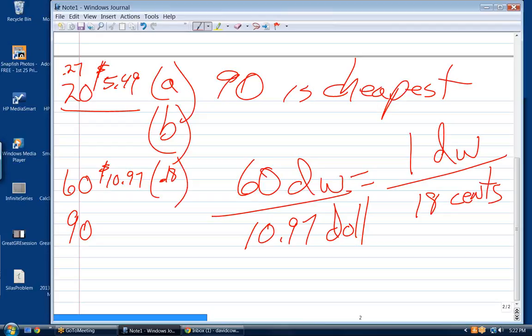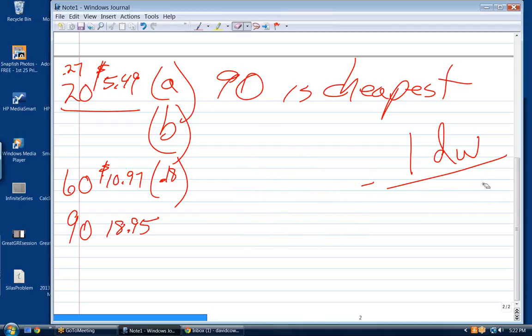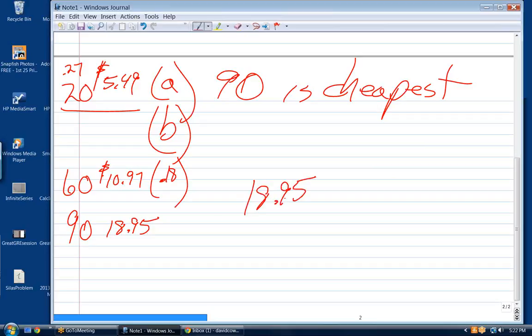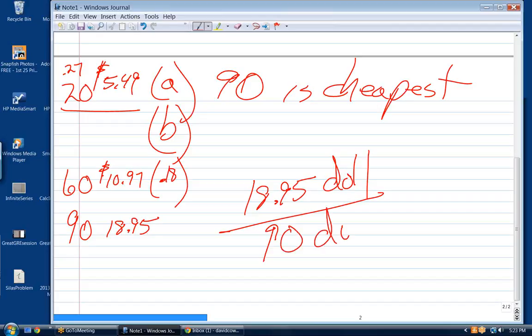Yeah. And what's the 90 pack sell for? The 90 pack, $18.95. Okay. And notice that if I want, I can reverse this. Let me just do it this way for a moment. I'm going to put the $18.95 in the numerator and the 90 dishwashers in the denominator. And guess what? It doesn't matter. Either one's going to give us the answer.